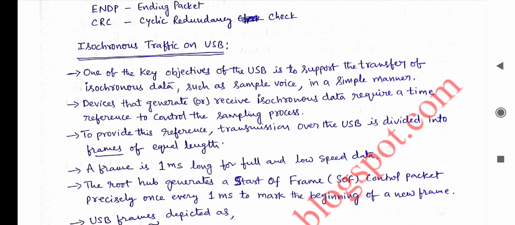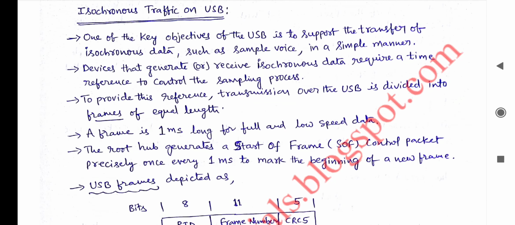Next, isochronous traffic on USB. It is not asynchronous, it is isochronous. One of the key objectives of the USB is to support the transfer of isochronous data, such as voice, in a simple manner. For the purpose of transmitting voice data, we need to use this. Devices that generate or receive isochronous data require a time reference to control the sampling process.